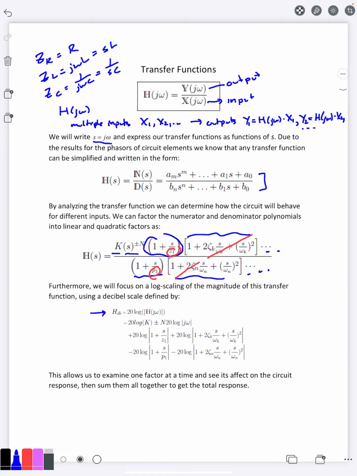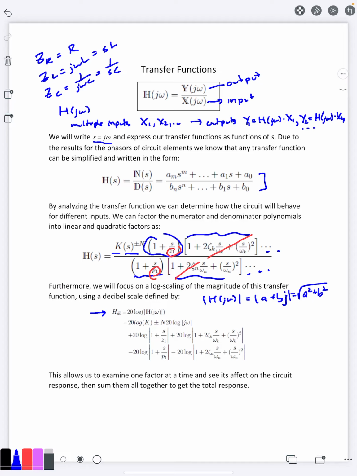The decimal transfer function is based on 20 times log of the magnitude of h of j omega. So when we put this here, if h itself was like a plus bj as a complex number, then the magnitude would be the square root of a squared plus b squared. Regardless, that's our magnitude. We're going to take 20 log of that.